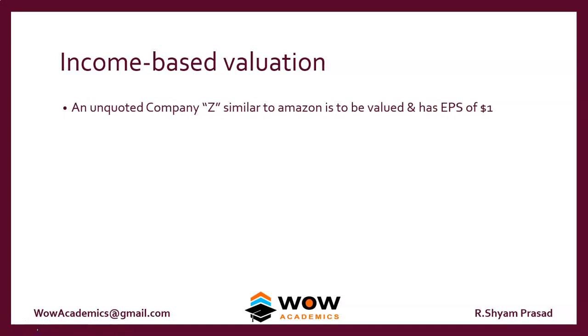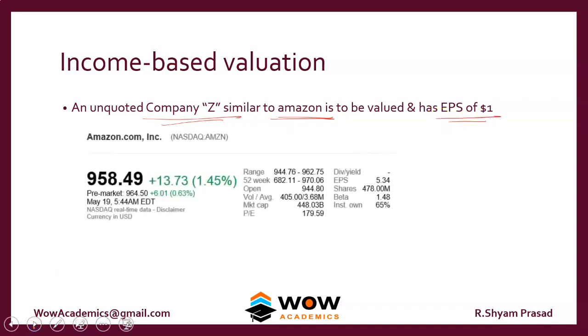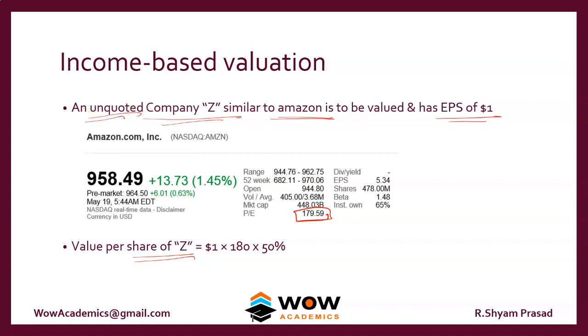Assume that there's an unquoted company called company Z. This company is very similar to Amazon, and the company has an EPS of $1. We also know that the PE of Amazon is 180. So we try to value the share of Z with Amazon, as both companies are similar, but Z is an unquoted company, so we have to get a value for it.